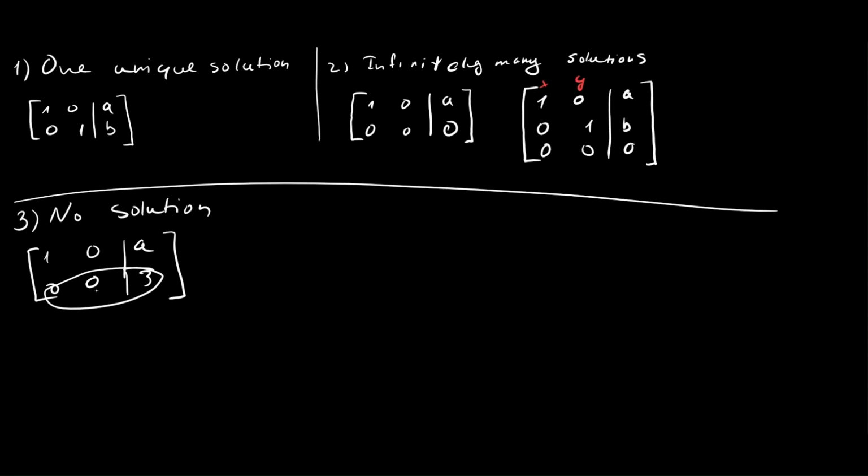You see, in this row, it says that 0 equals 3, which is not true. When we get a contradiction like this, it means there is no solution for the system. Those are the only three outcomes we can get from solving matrices. And now let's get started with actually solving them.